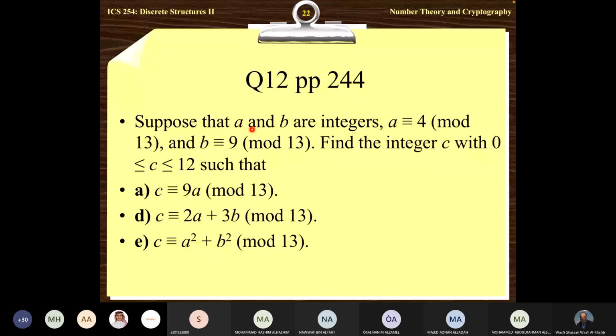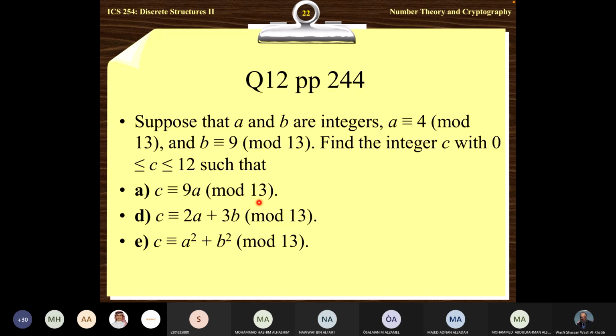Suppose that A and B are integers. A is congruent to 4 mod 13. B is congruent to 9 mod 13. Find the integer C with C between 0 and 12 such that C is congruent to 9A mod 13. Okay, so I want C mod 13, right? So 9A.